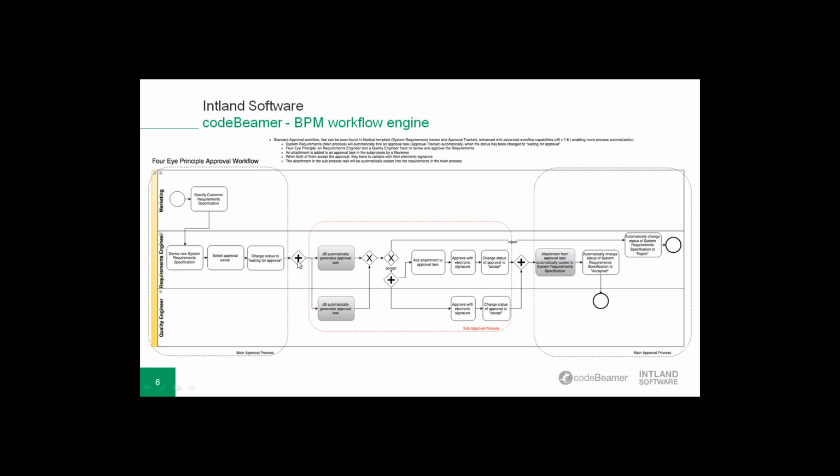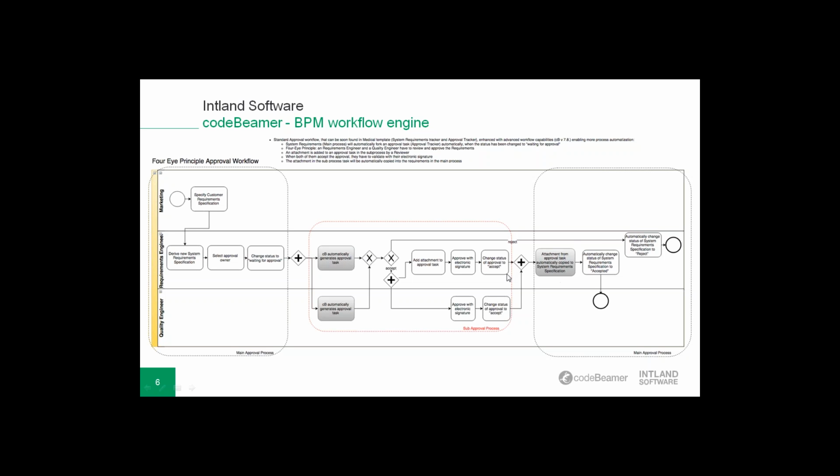And then from the main process, once you change the status of your system requirement into waiting for approval, codeBeamer will automatically generate a sub-approval task for the selected approval owners. So one approval task for each approval owner, and then the approval owner can attach attachments or even comments on the sub-approval task, and he can either approve or reject the approval task with his electronic signature.